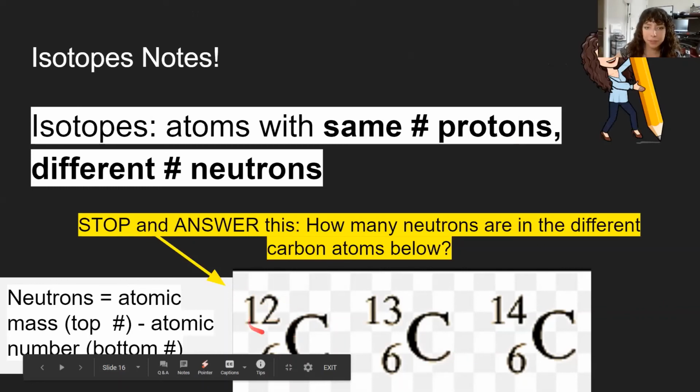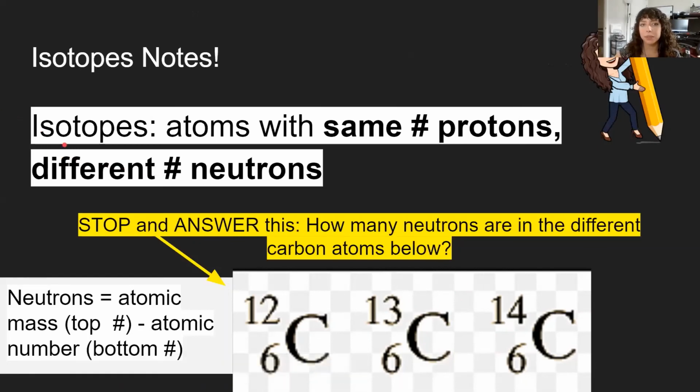However, they have different mass numbers. You notice it's got 12 and 13 and 14. These are isotopes, atoms with the same number of protons but different neutrons. Stop and answer, how many neutrons are present in each one of those carbon atoms? Remember, the formula is mass number minus atomic number.